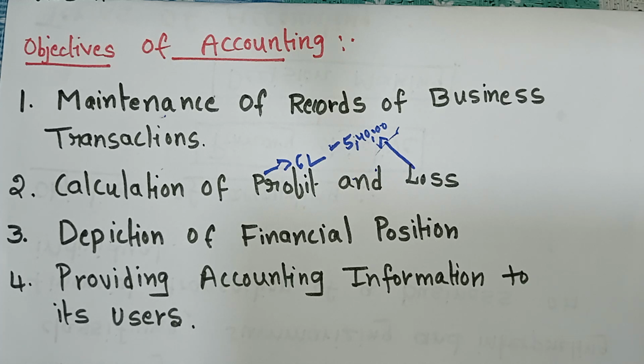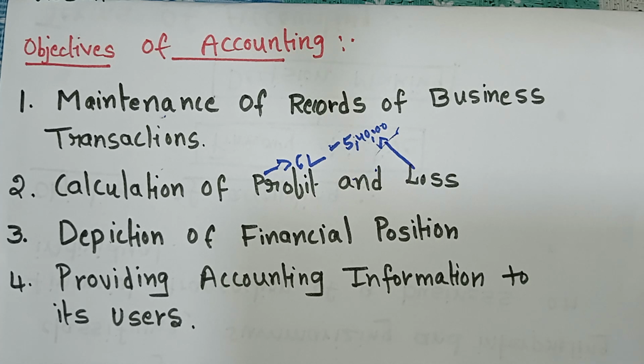A proper record of resources owned by a business organization, it means assets, and claims against such resources, claims against such resources means liabilities, facilitates the preparation of a statement known as balance sheet, the position statement.